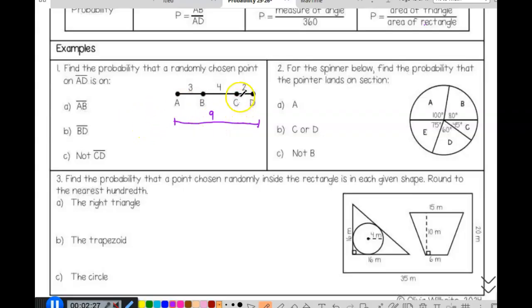Add the lengths: 3 plus 4 plus 2 is 9. Now, that's length, but I want to know probability. What is the probability of landing from A to B? 3, and the total is 9. If we divide by 3, 1/3 is my probability.